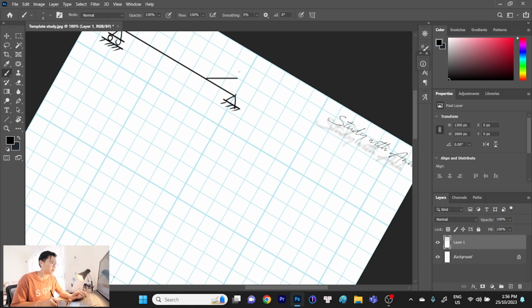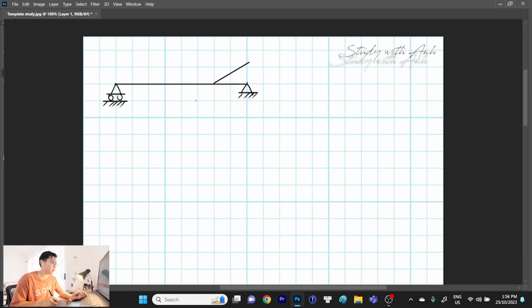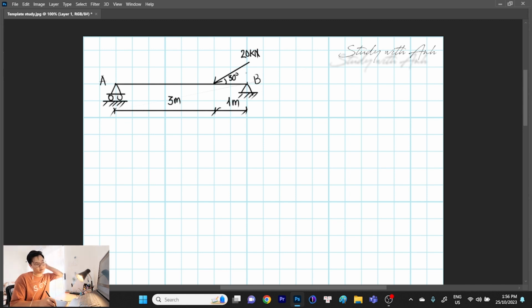For example, we have a 30-degree load here with a value of 20 kilonewton. Let's call the supports A and B. This span here is 3 meters, and this one is 1 meter.